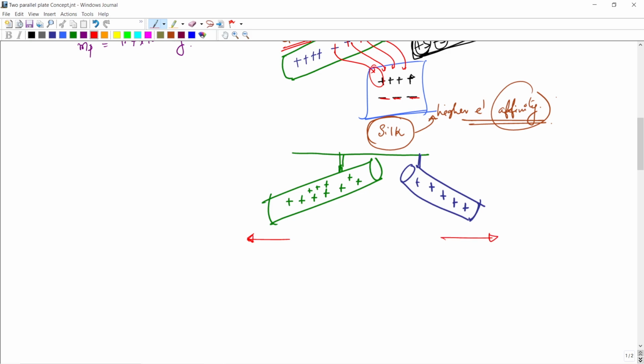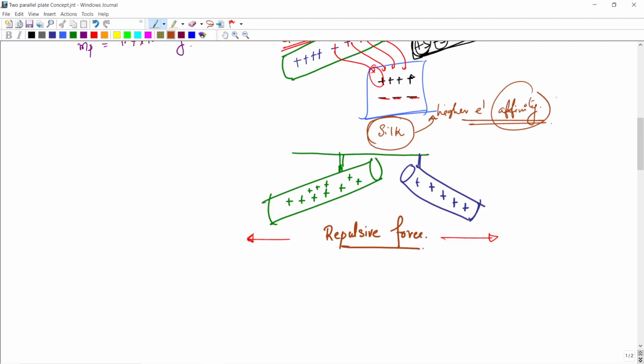The basic concept is that like charges repel each other, which means there is a force, and this force is called repulsive force.